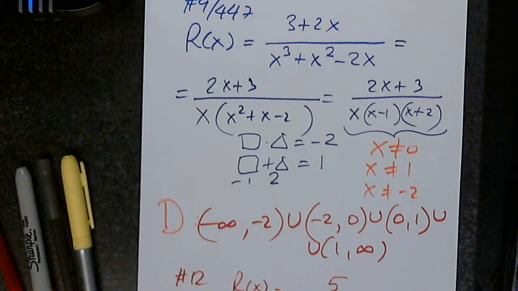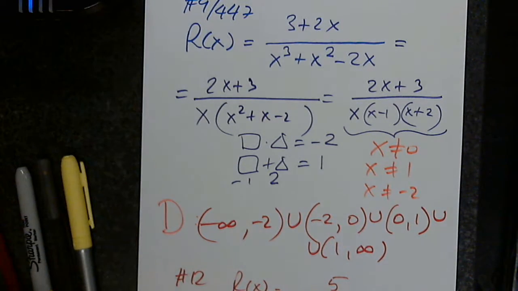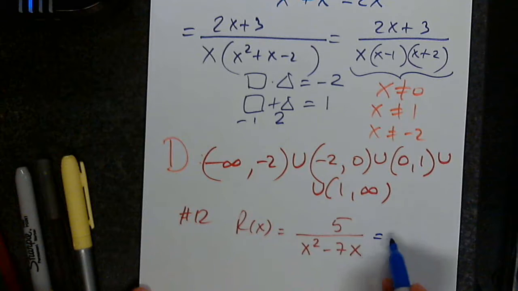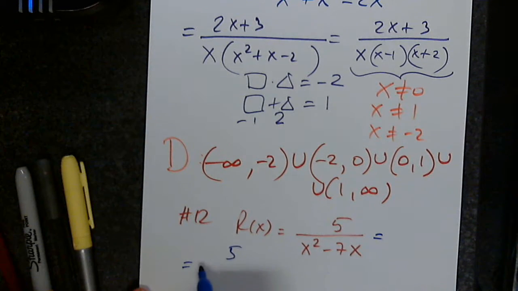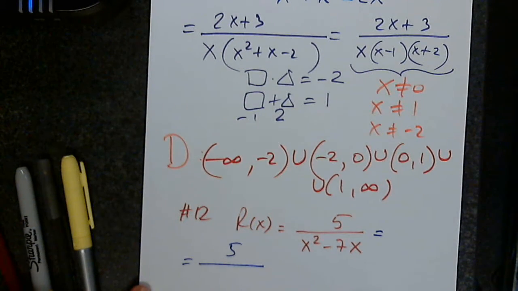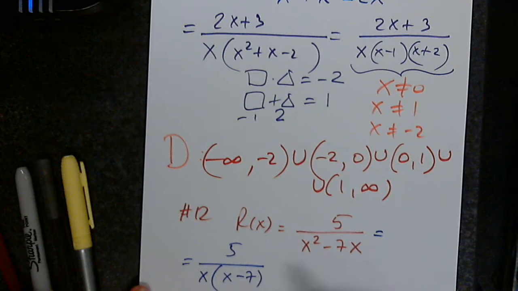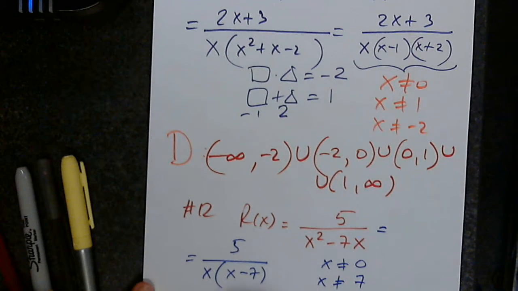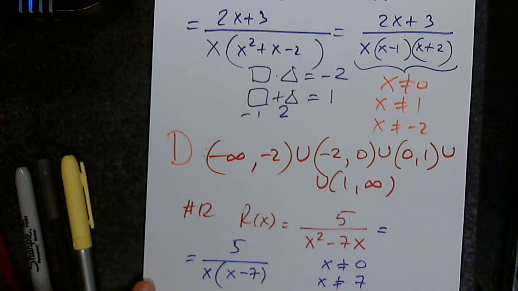I want everyone to understand what we did. I factored the x out on the bottom, and x minus 7. So there are 2 restrictions, 0 and 7. Very good. Then negative infinity to 0, union 0 to 7, union 7 to infinity. Very good. Perfect.